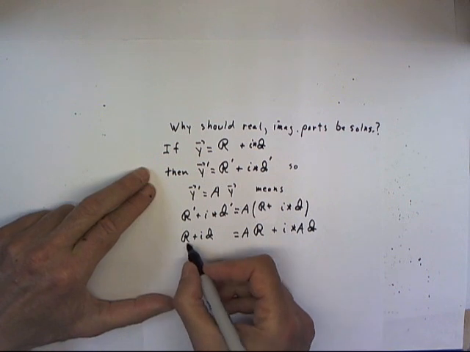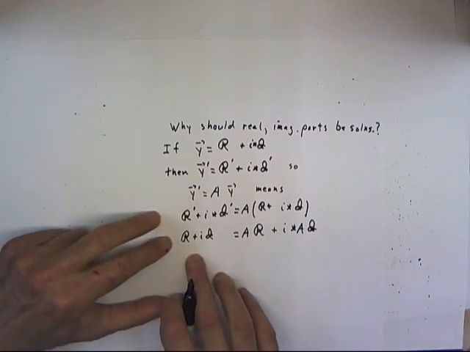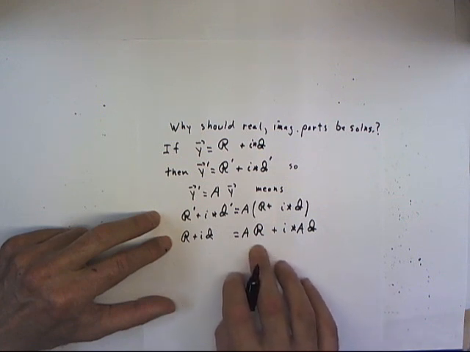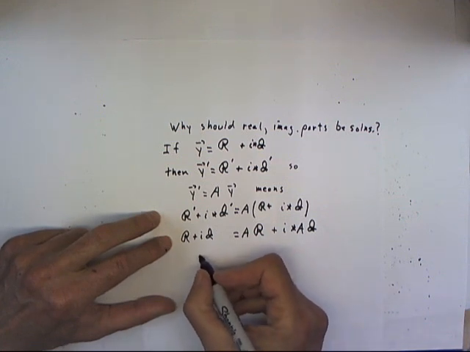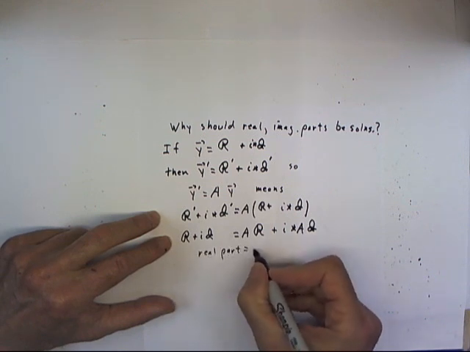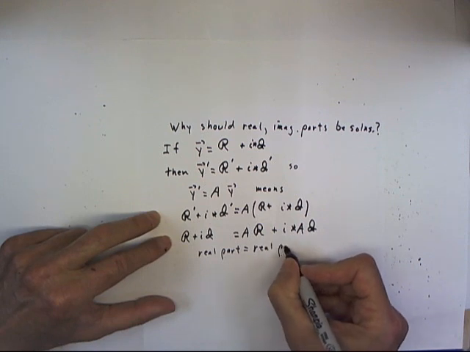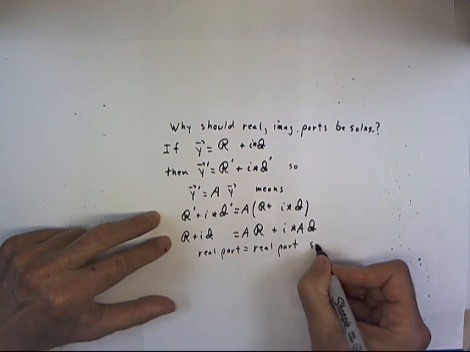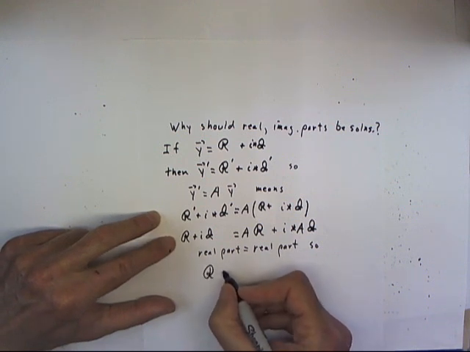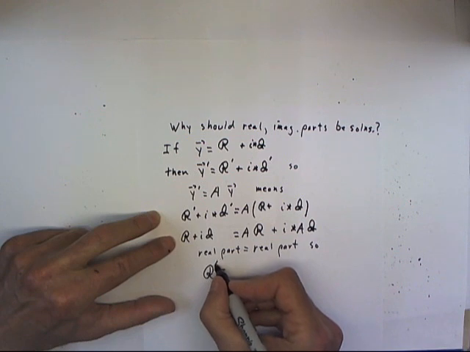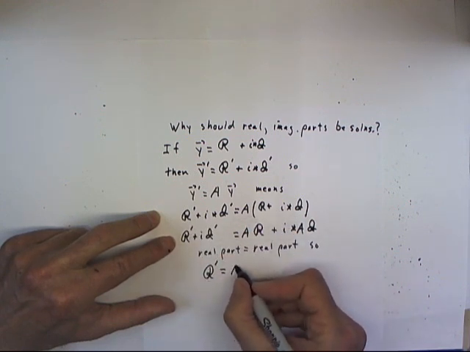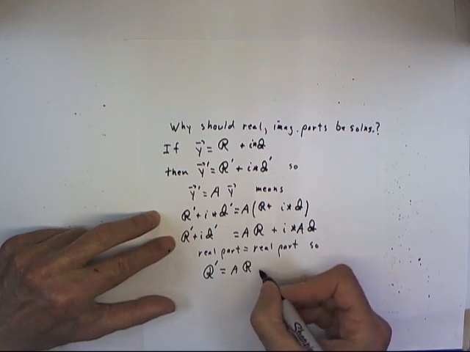But now the real part of this complex expression has to equal the real part of this complex expression. So the real part on this side is equal to, and those are both derivatives, the real part on this side is equal to A multiplied by the real part on this side.